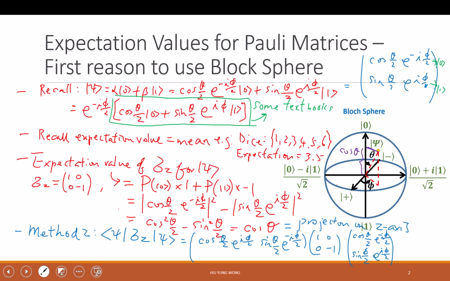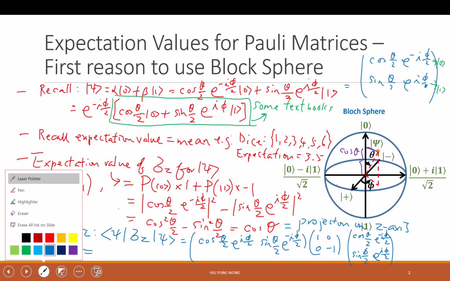Okay, so you go through the math. I won't do that. You look at this: this is 1 times this plus 0 times this. This is 0 times this, negative 1 times this. So basically, you still keep this term except you have a negative here. Then this term times this plus this term times this, which is negative. So again, you get the same thing, cosine squared theta divided by 2 minus sine squared theta divided by 2.